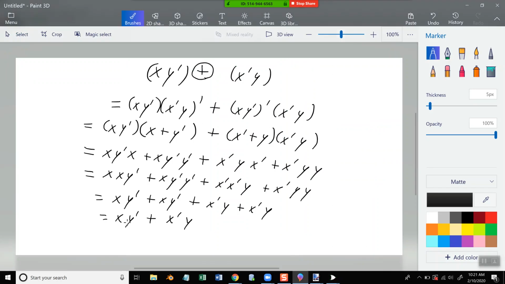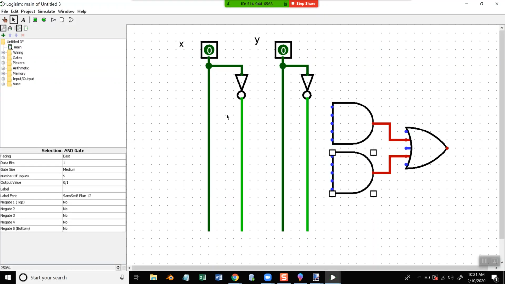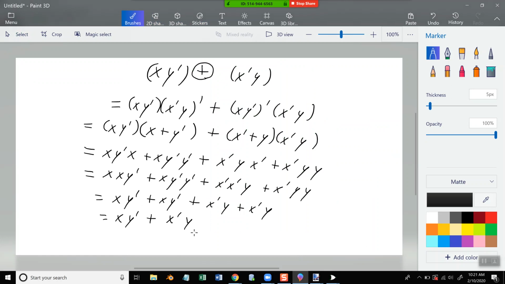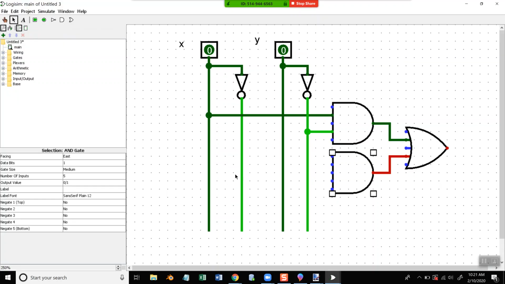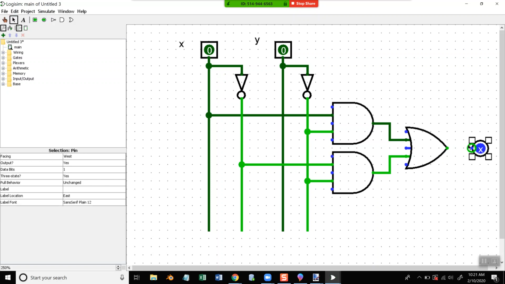I got X and not Y. X, not Y. There we go. Second one I claim is not X and Y. Not X. And what did I say? Y. Then I'm going to have that come to an output.